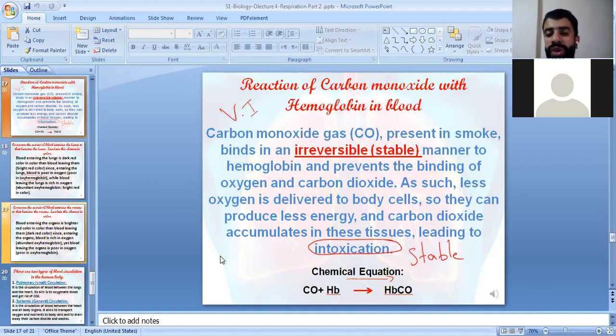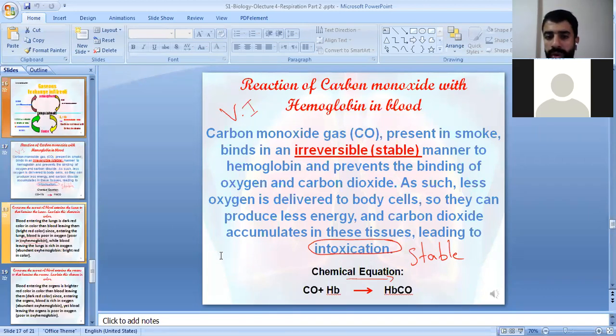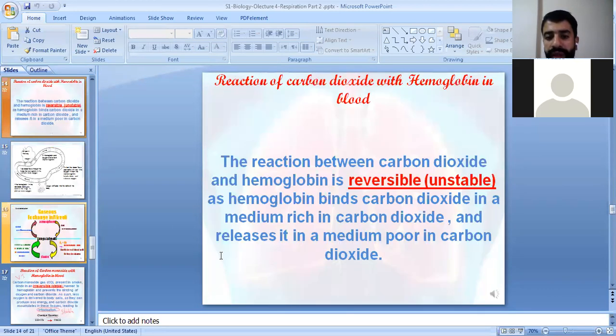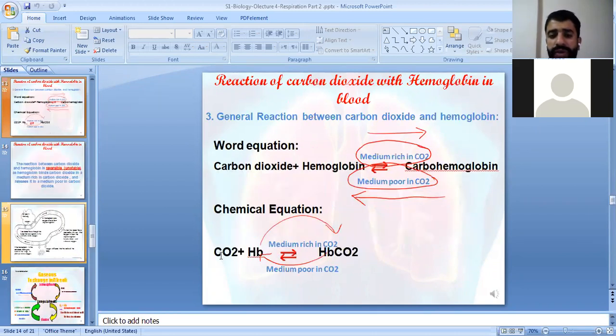It leads to the accumulation of carbon dioxide, leading to intoxication, and less oxygen will be delivered to all the body cells. You have to know that the reaction between carbon dioxide and hemoglobin is reversible, it's unstable, and it occurs in both directions. And you have to study the word equation and the chemical equation.